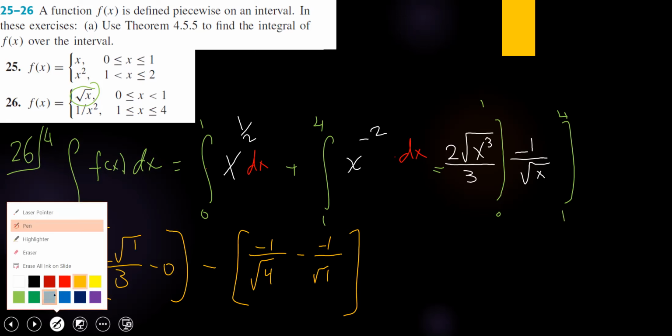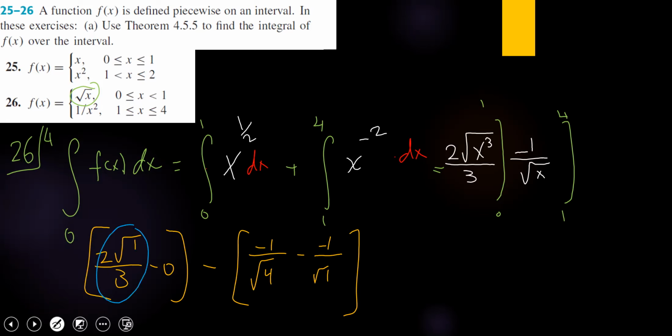Then, what did we have here? We have 2 over 3 minus -1 over 2 plus 1, which is half. And here we have 2 over 3 minus half. Or we can use the butterfly way.